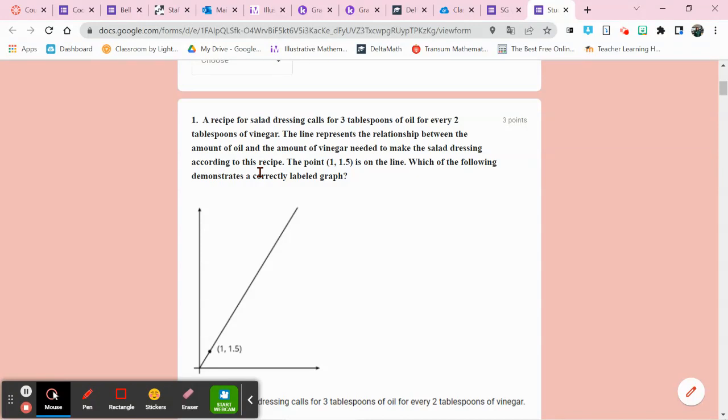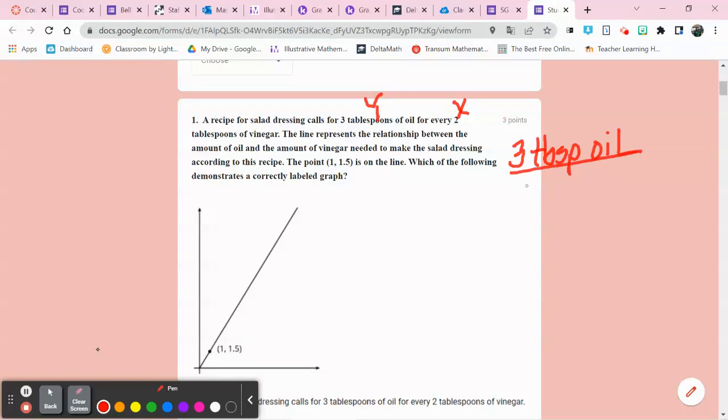So let's set it up. This is going to be our y. Sorry. This is going to be our y. This is going to be our x. So I'm going to write it this way: 3 tablespoons of oil for every 2 tablespoons of vinegar.